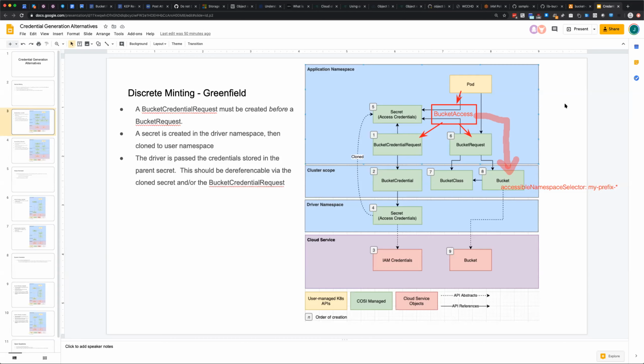Okay. I think I see the piece that I was missing here. So the implication is that being able to see and connect to the cluster scoped bucket is proof enough that I should have access to that bucket to begin with. And then when I create my request for access, that's the Kubernetes level policy decision, right?